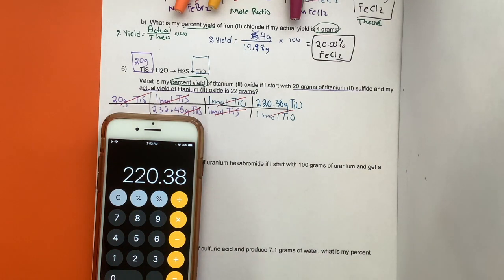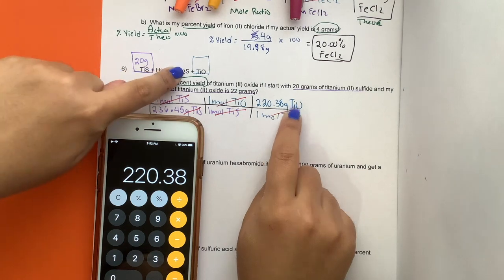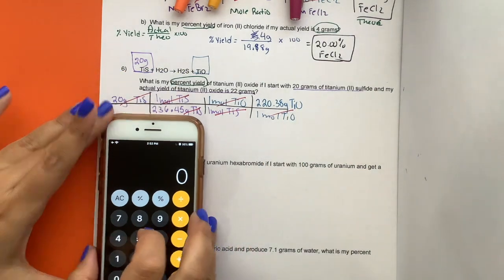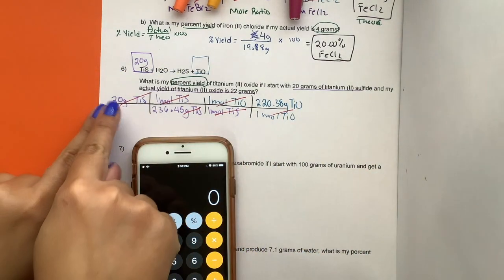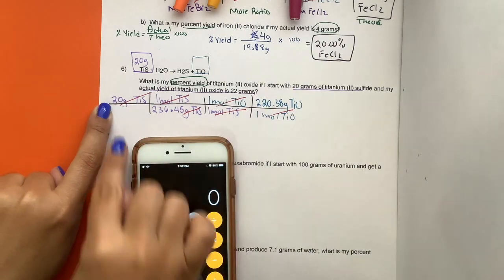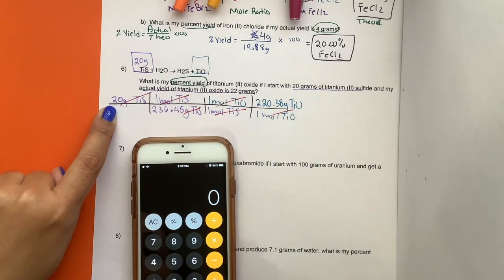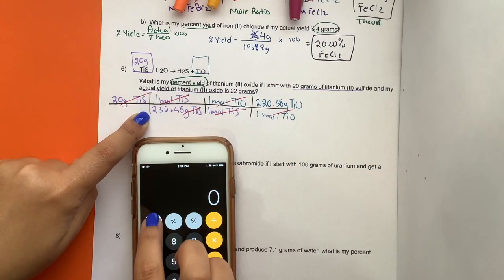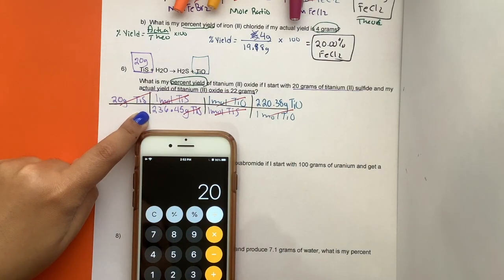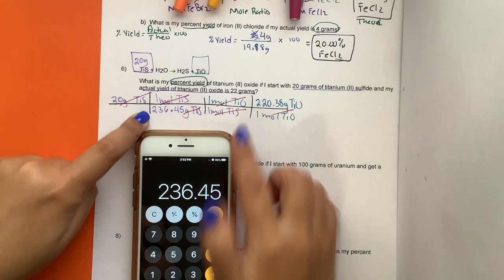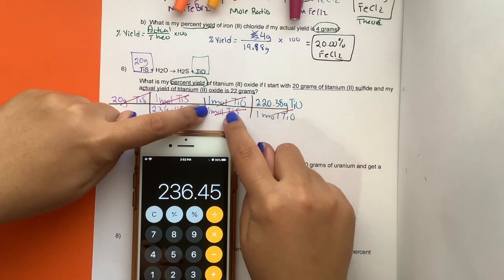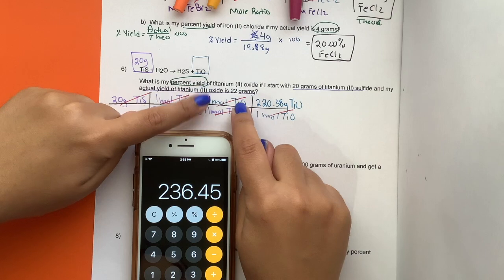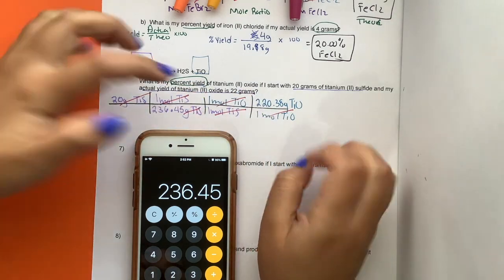So now my final step, since I'm already in grams, is to multiply and divide all this. Starting left to right, with my first number, 20. In my next step, I have a number in the bottom, so I'm going to be dividing by 236.45. My next step is 1 and 1. If I multiply by 1 and divide by 1, I get the same answer, so I don't have to do that step.